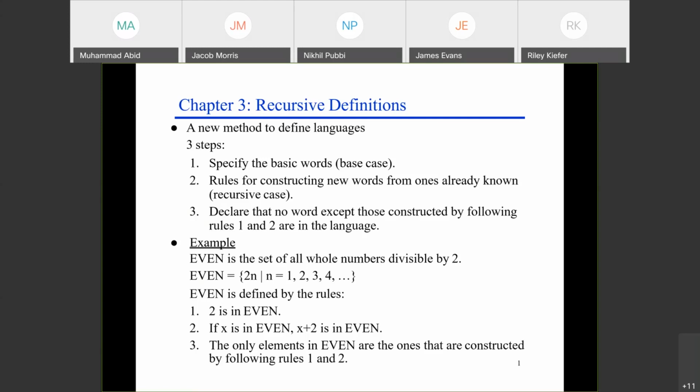First step, specify the basic words, the base case. First you need to figure out what is the base case, what is the basic building block, what are the alphabets. Once you figure that out, then you need to understand the rules for constructing new words from ones already known.